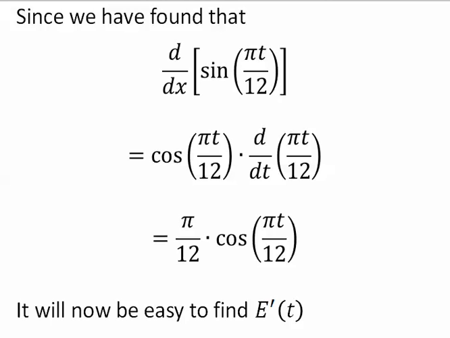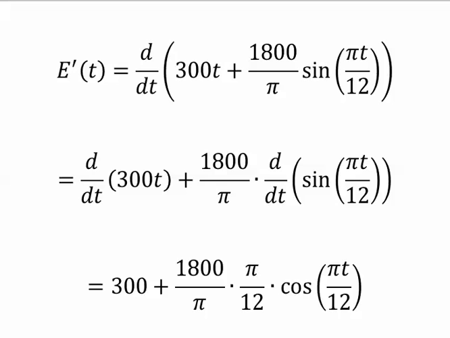Now that we have done this, it's going to be easier to find E prime. E prime is the derivative of the expression given to us. The derivative of 300t is just 300.